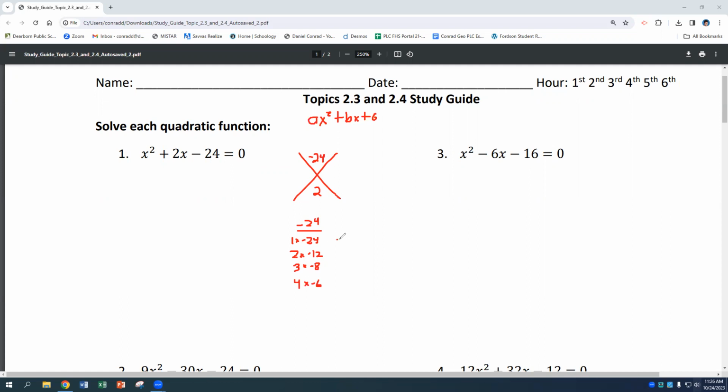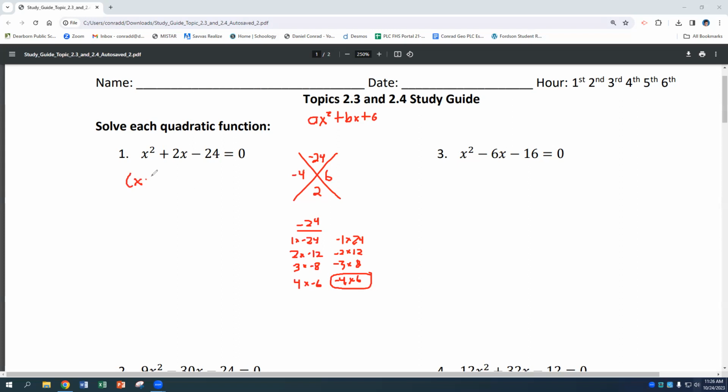Or we could switch the negatives to the other side: negative 1 times 24, negative 2 times 12, negative 3 times 8, and then negative 4 times 6. So we need to add to the positive 2. So we're going to do this one. Negative 4 and 6 multiplies to negative 24, adds to 2.